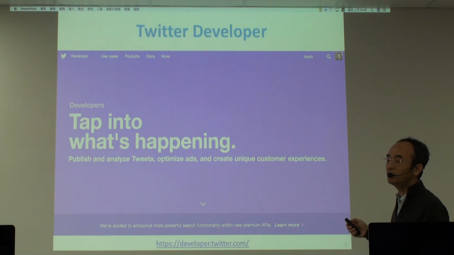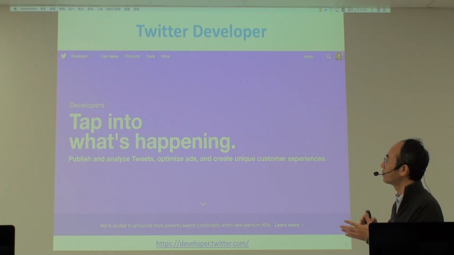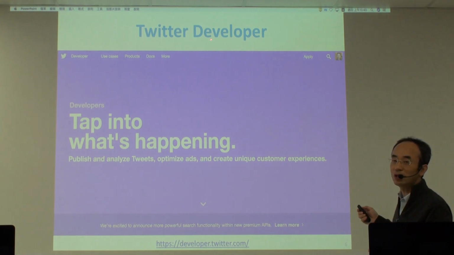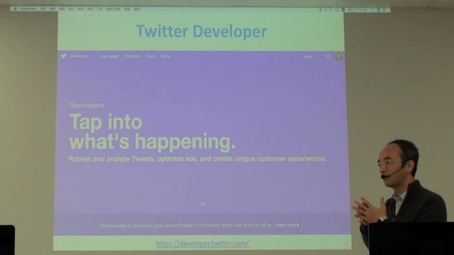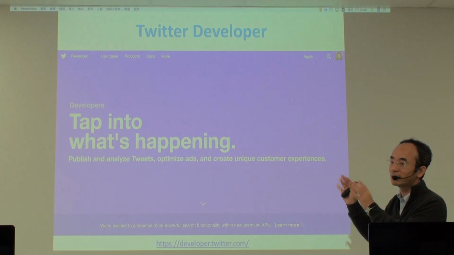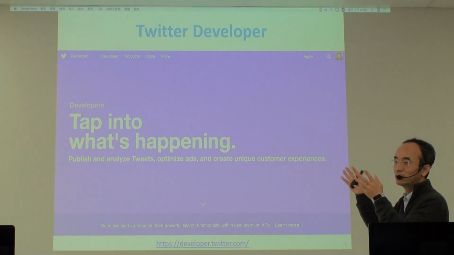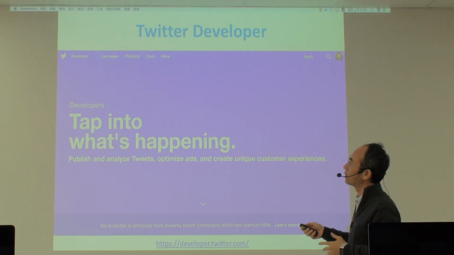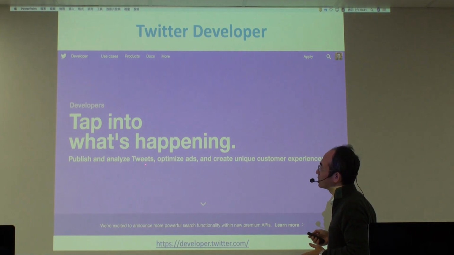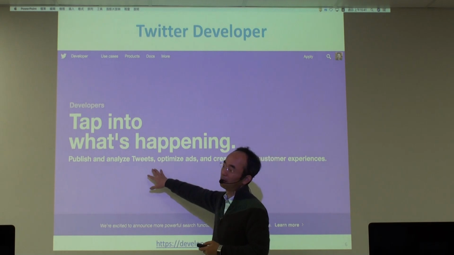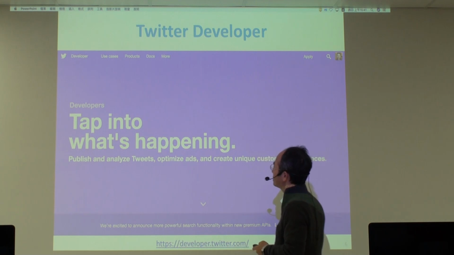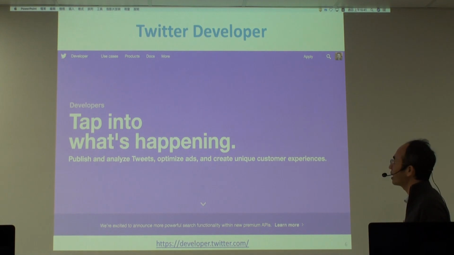In terms of how to use the APIs, firstly, you have to visit Twitter developers. It's like Facebook developers. You can get the APIs, and get the data, and post the data to Facebook. So for developers, tap into what's happening and publish and analyze tweets. Tweets means like the story in Facebook, so it's a tweet, the short text, and optimize ads and create unique customer experiences.